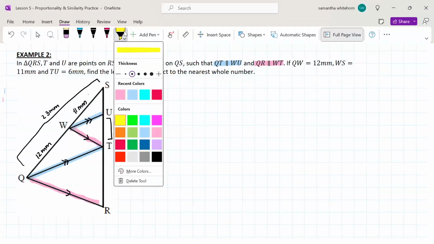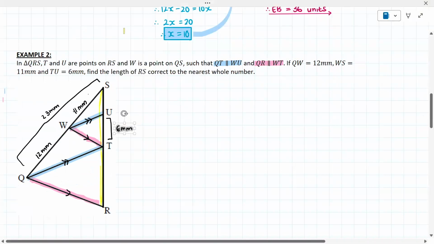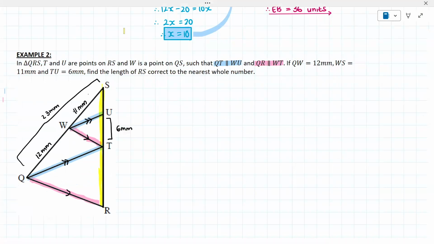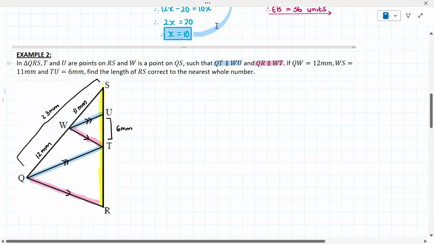If we look at where RS is, it is the entire side length of the big triangle QRS. Right, so give it a try. Let's see what we come up with. I'm going to give you like 5 minutes and then we'll see where we're at.